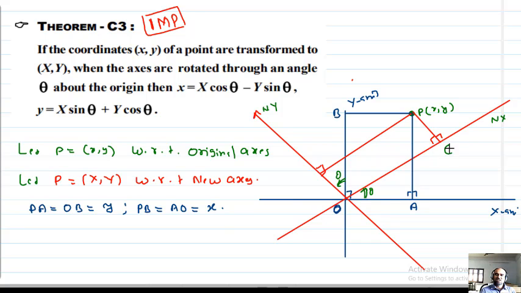Let this be C and this be D. I will write here PC equal to OD equal to capital Y, comma PD equal to OC equal to capital X. I am not using modulus. I assume that P is in the first quadrant.